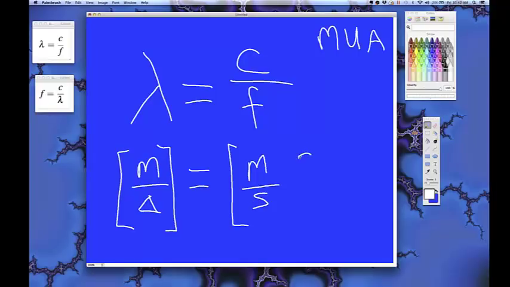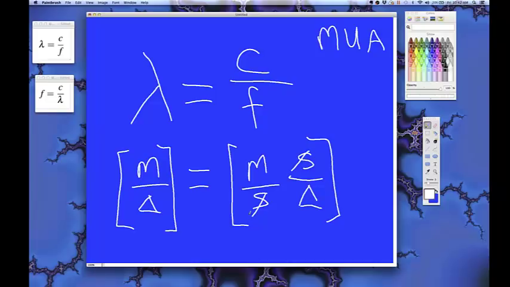So I write seconds per cycle. The seconds cancel and you get meters per cycle. So the units of wavelength are, in modified unit analysis, meters per cycle.